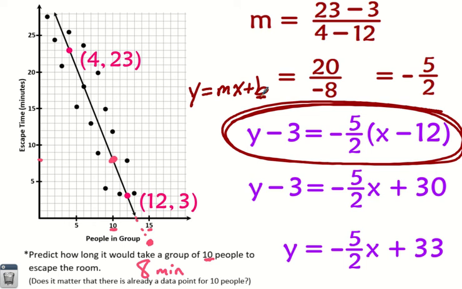So if you're on your toes about this, if you can actually tell with a lot of accuracy where your line is going to hit the y-axis, that's your b value.